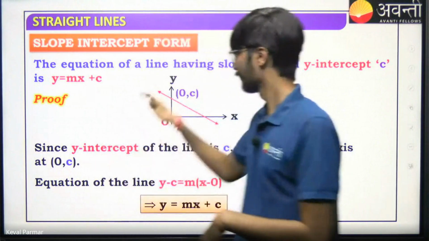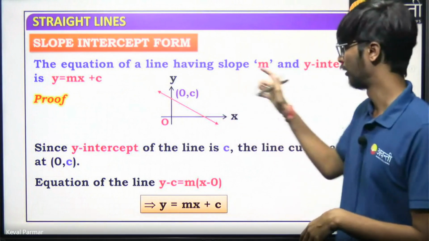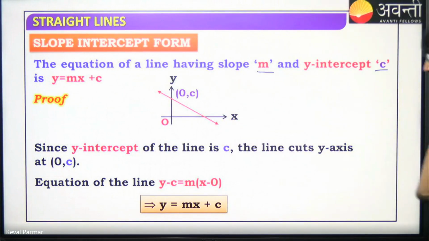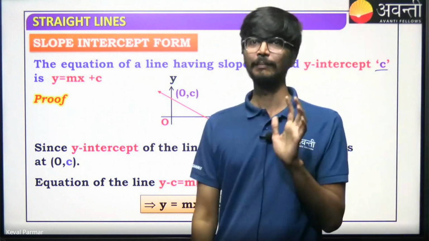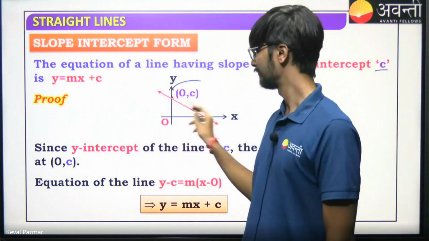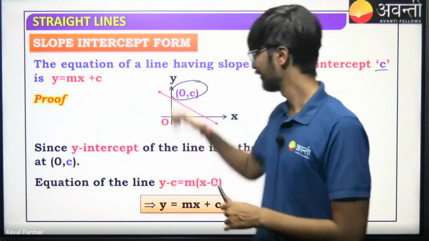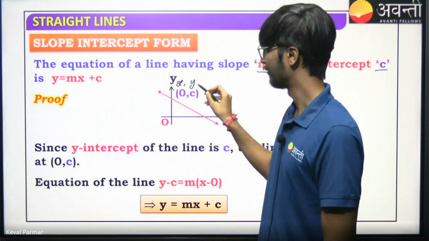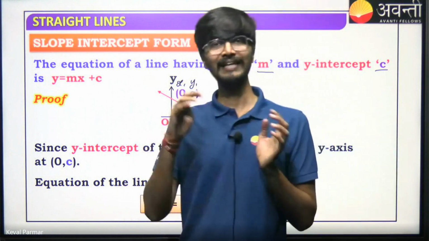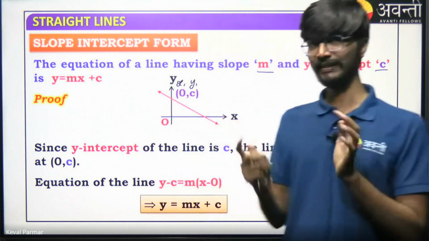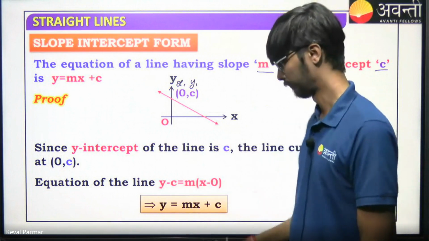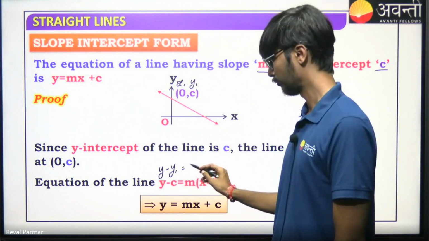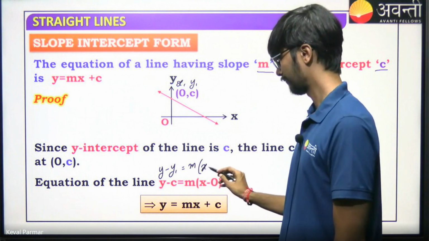So let's say a line has slope m and y-intercept c. We saw that if the y-intercept is c, then the point where the line cuts the y-axis will be 0 comma c. Let's say this point is x1, y1. If the point is x1, y1, then we can find the equation of the line by using slope point form, which is y minus y1 equals m times x minus x1.